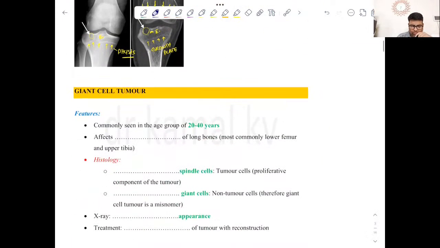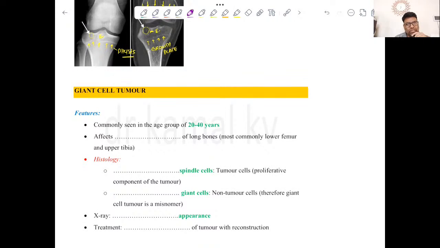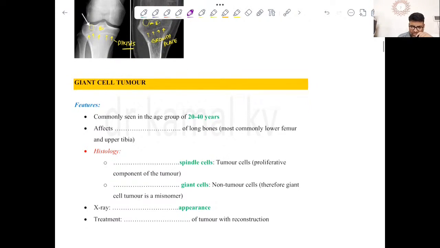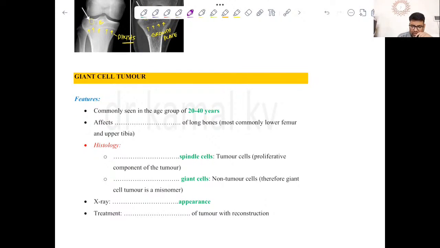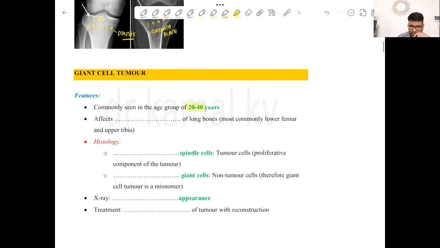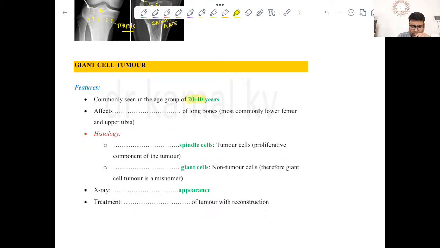Okay. Then we move on to giant cell tumor, and this is the most favorite for exam setters, and the age group is adult, 20 to 40 years. We already discussed that it originates from the epiphysis, right? But it has a tendency to grow towards the metaphysis.